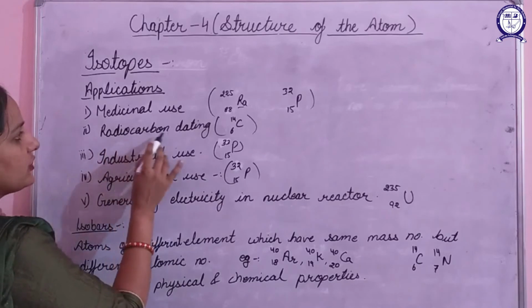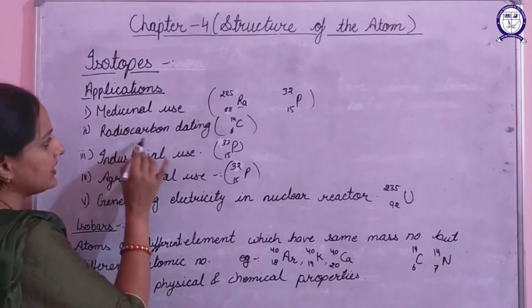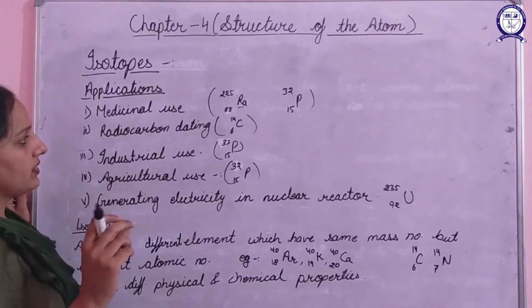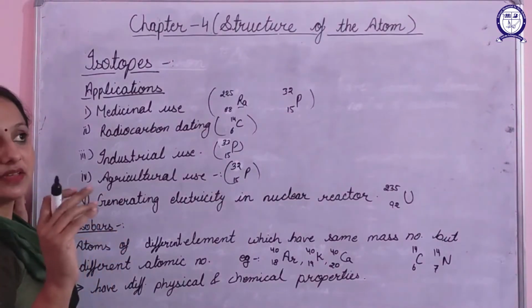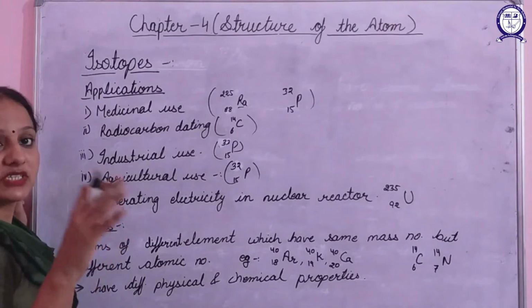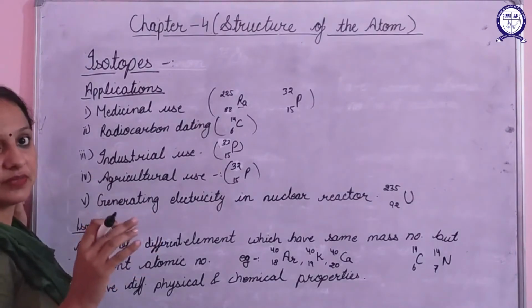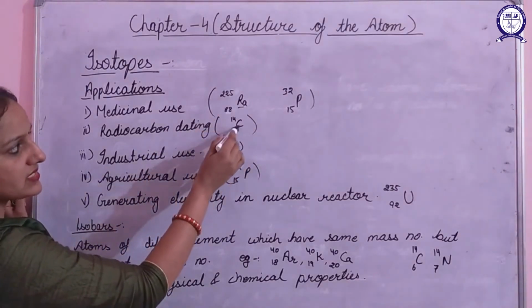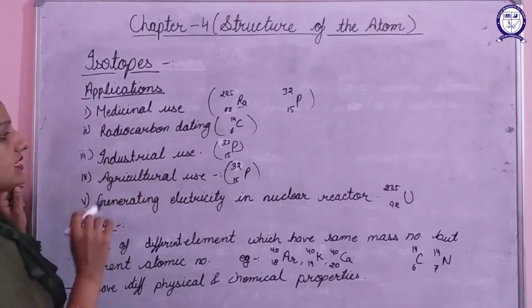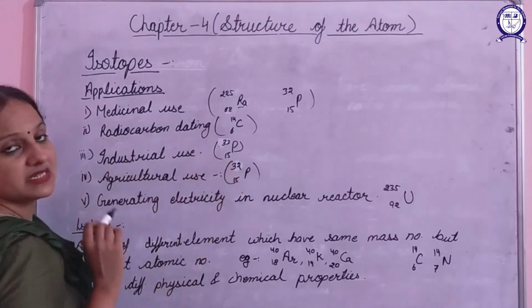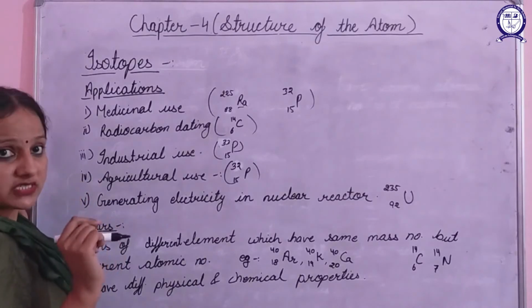Next is radiocarbon dating. Radiocarbon dating is basically estimating the age of dead fossils or wood which have carbon content in them. For that also we are using an isotope of carbon, that is 6C14. Next is industrial use. For example, we use 15 phosphorus 33 in the manufacture of steel.